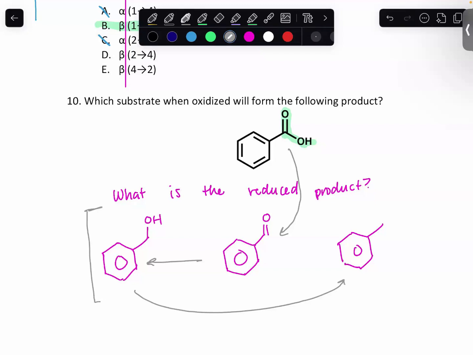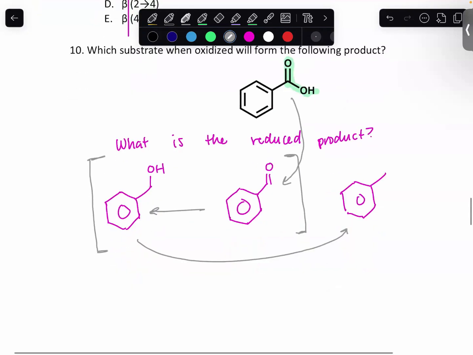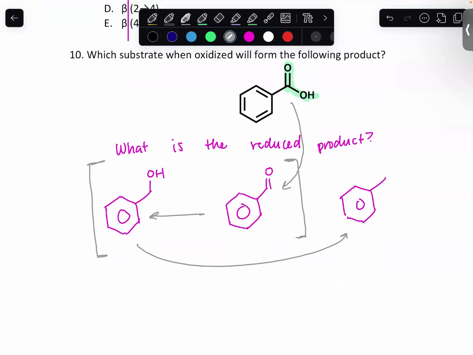These two are more correct than the methyl. It would take a lot to get it all the way down to the methyl. So you could completely lose the other alcohols. Questions on this one?